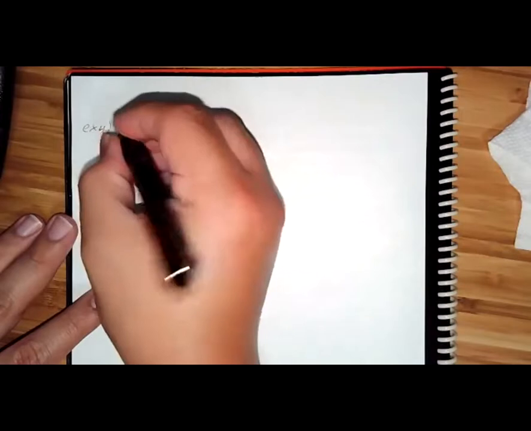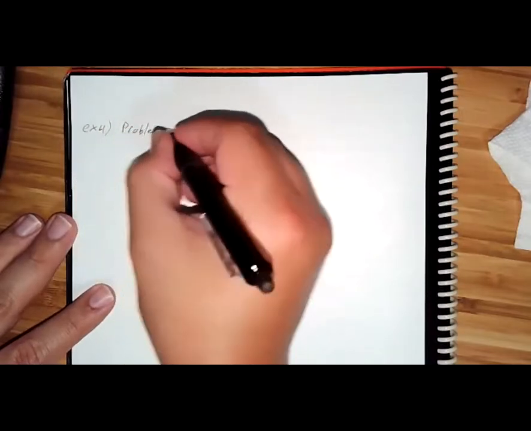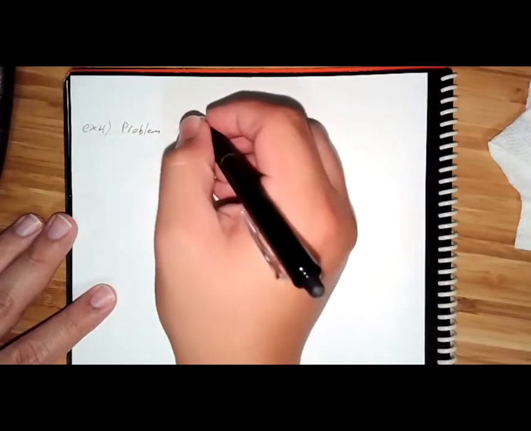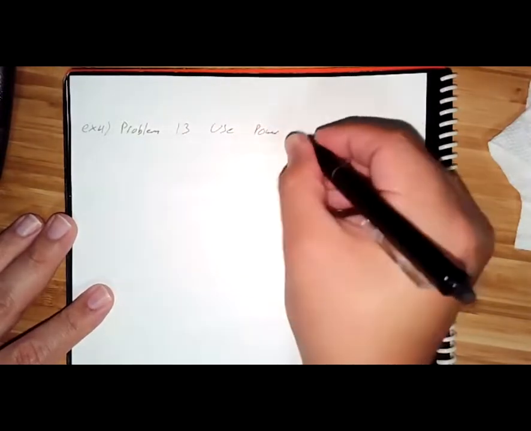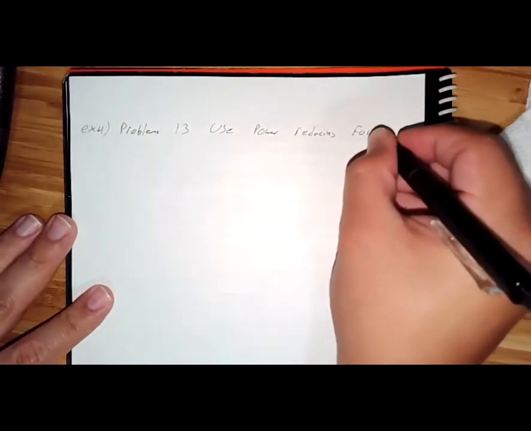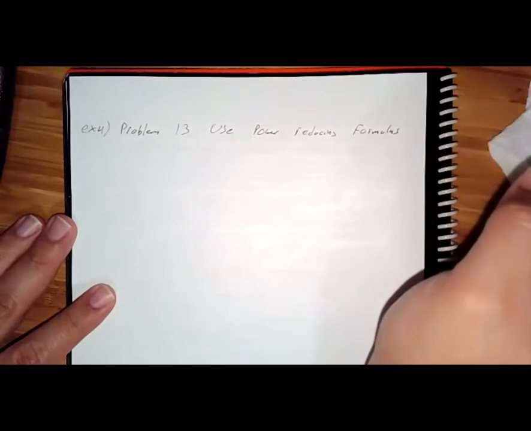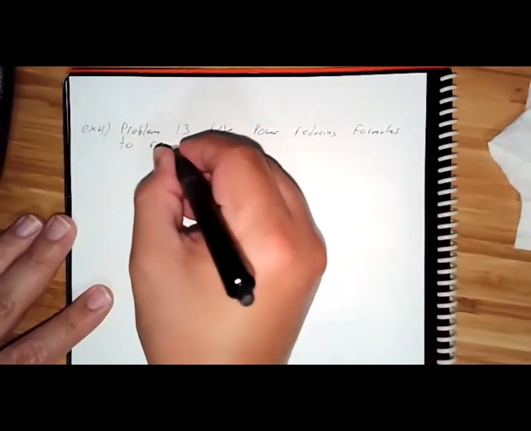Example 4. This will be problem 13 from your homework. Use power reducing formulas to rewrite the problem.